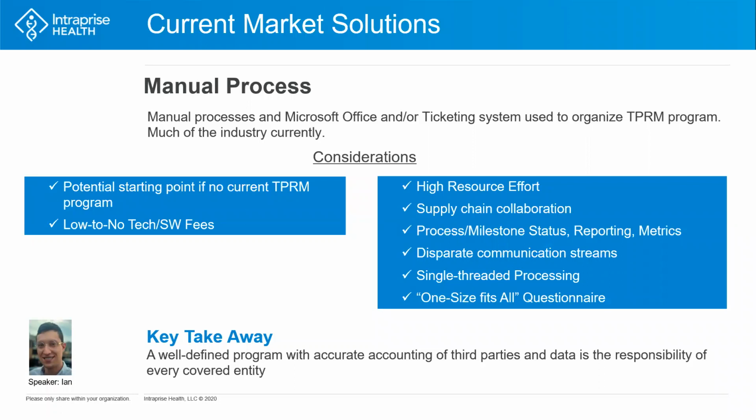There are some challenges as it relates to actual collaboration across the supply chain. We're relying solely on emails to share questionnaires, going back to the security risk assessment process, phone calls, emails. A lot of different disparate communication streams can pose a lot of difficulty and challenge to an organization, especially trying to implement a manual process to respond to a large scale operation.